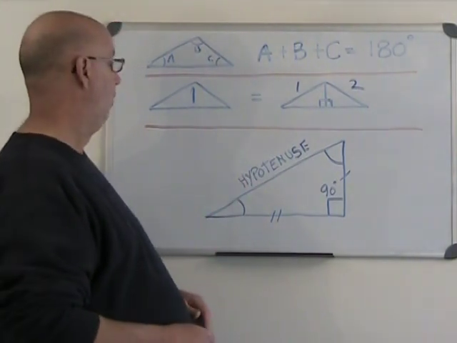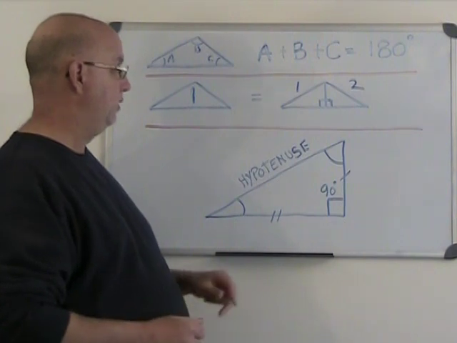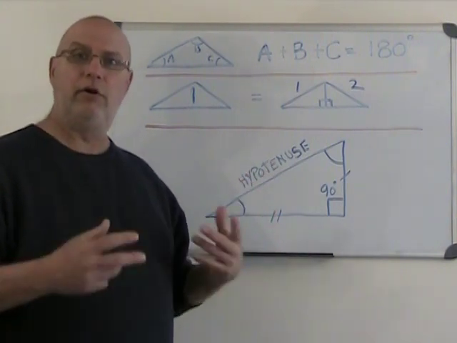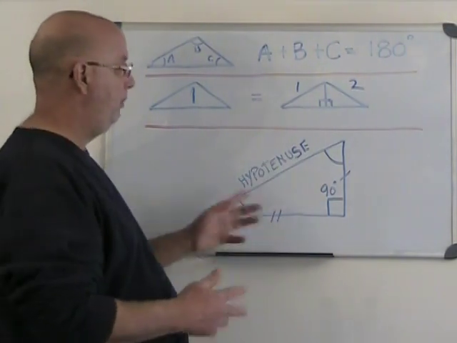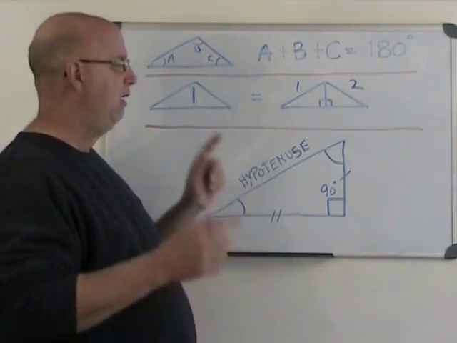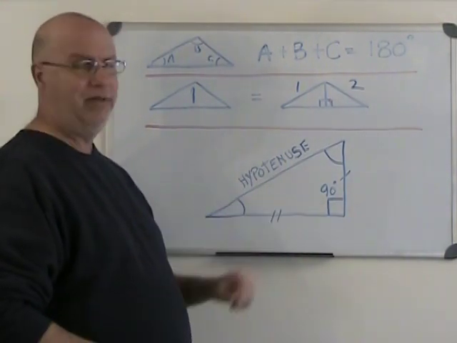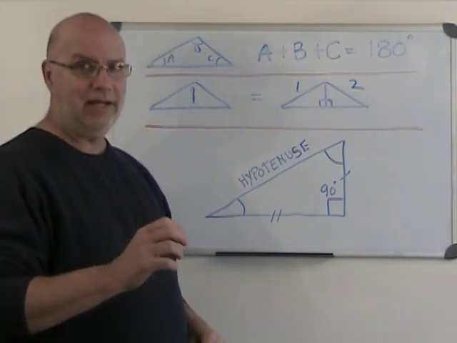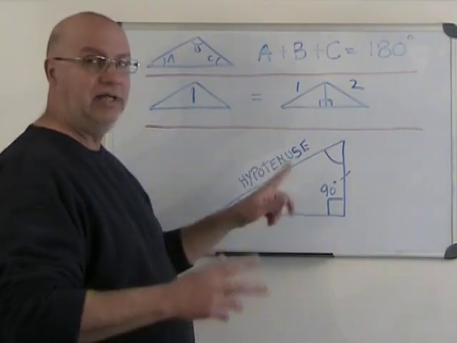And finally here, before we get going in our calculations, we have to get to know the terms that we're going to be using. For that, I have a basic right angle triangle here. I don't know what angles I have, but since it's a right angle triangle, I do know that one of the angles is exactly 90 degrees. Now, the triangle has 3 sides.